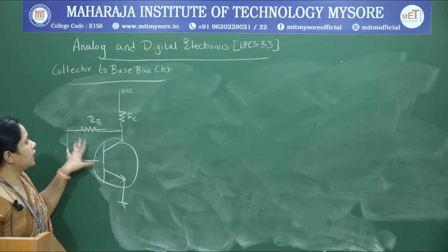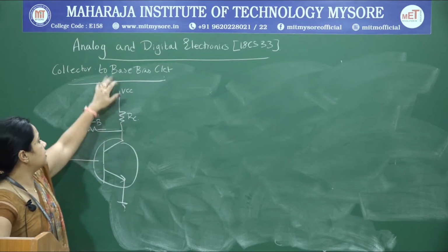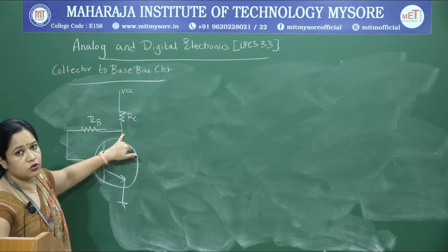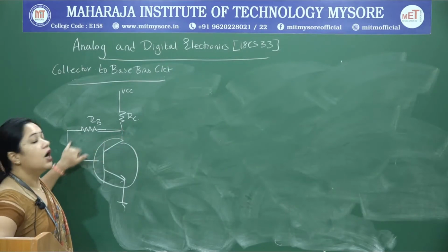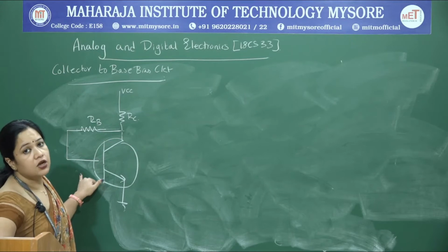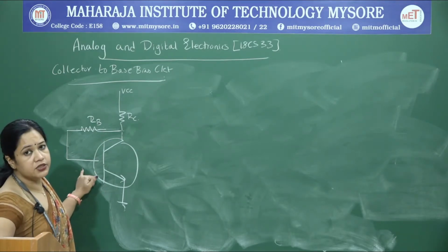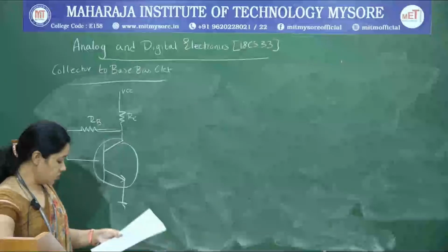So this is how the collector to base bias circuit looks. The bias voltage is obtained by connecting a feedback resistor from the collector to the base of your transistor. This happens to be voltage shunt negative feedback, and we will try to analyze this circuit.